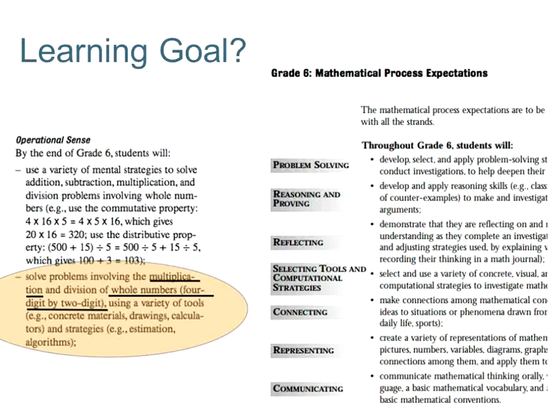So usually you can go back to one of the process expectations and consolidate something if the math wasn't really addressed at that point. And again, we'll get to that later on.